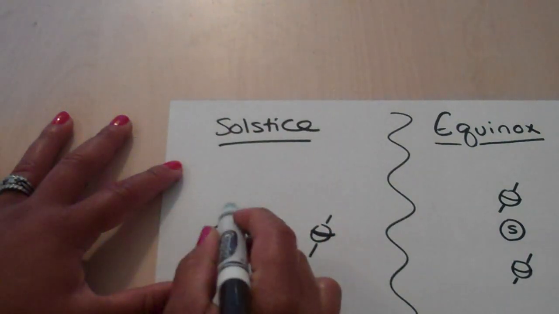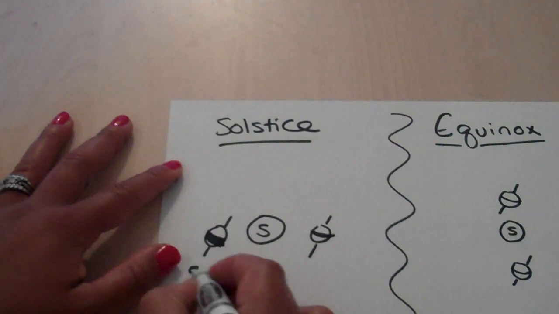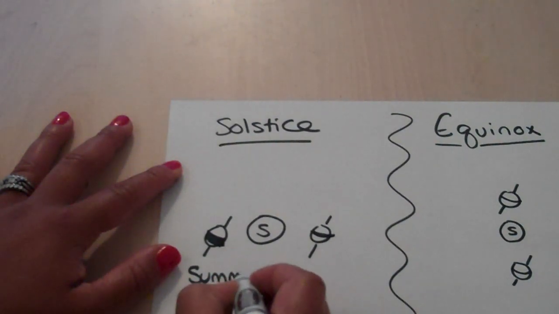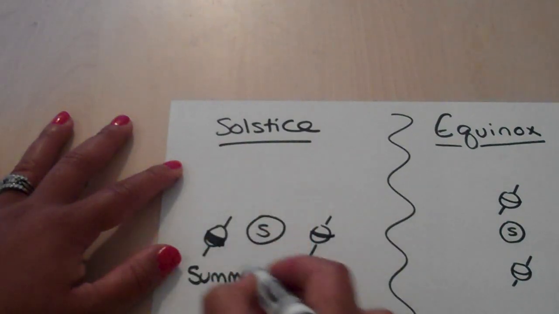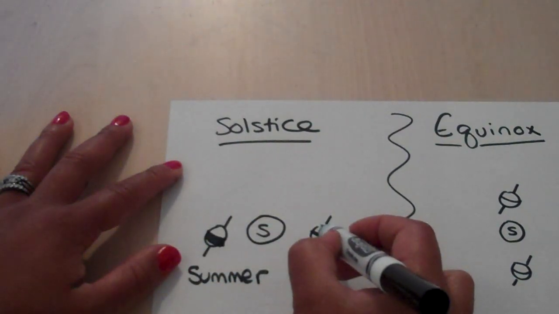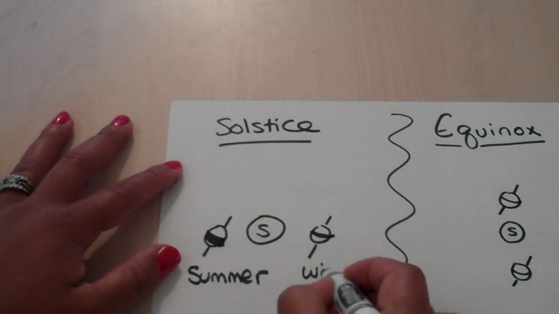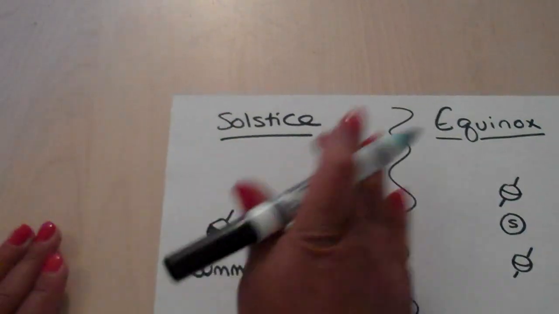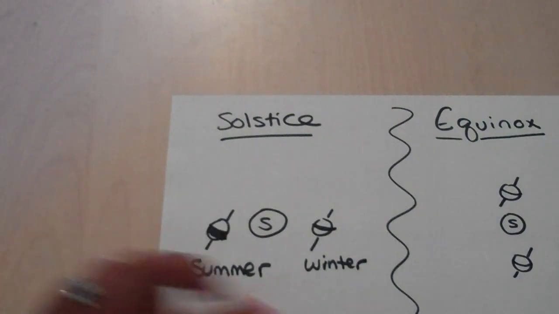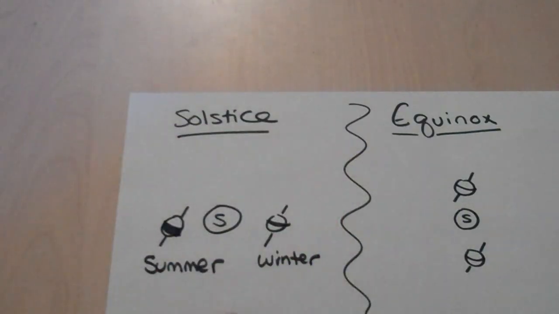This tilt towards the sun is summer solstice, and this tilt away from the sun, when it makes this orbit around that time in the calendar, will be winter solstice. It will happen at two different times of the year, but always keeping that same tilt.